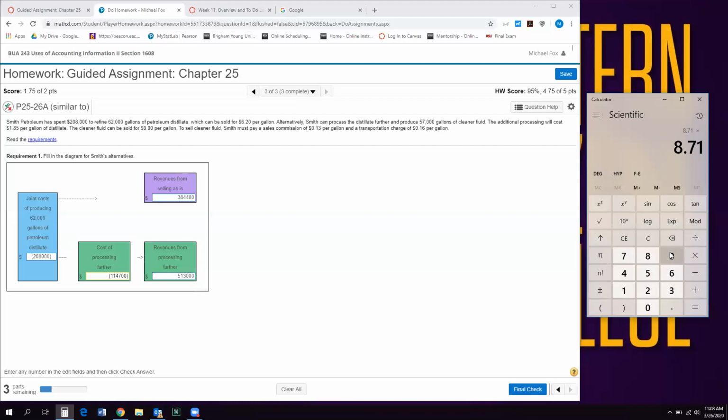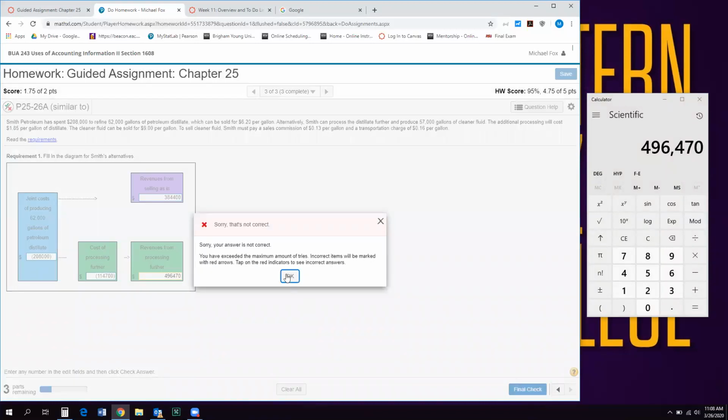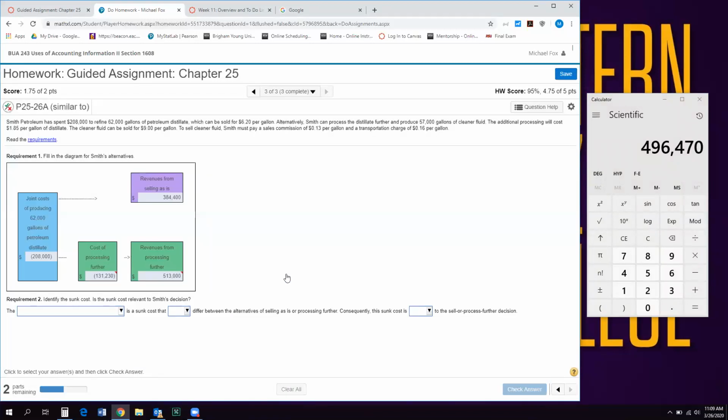And multiply that by 57,000 and get 496,470. We'll try it. I don't think that's going to be it though. Nope. So let's see what it tells us.